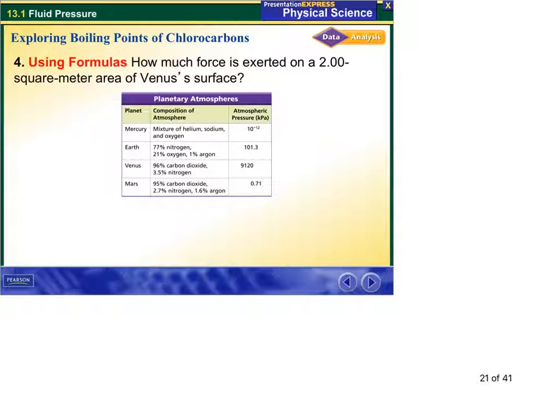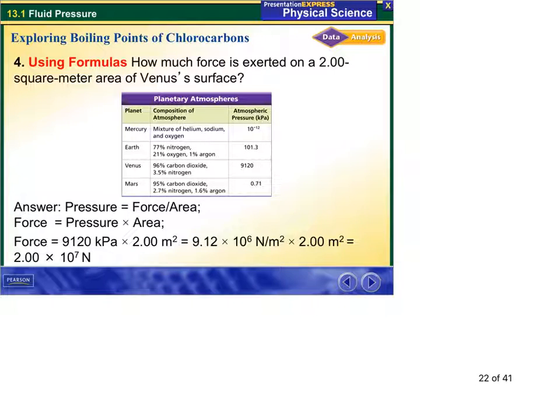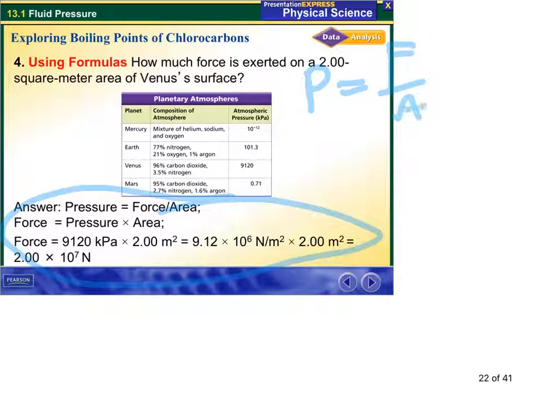And how much force is exerted on a 2 square meter area of Venus's surface? Our formula is pressure, there's what the book did. I'll write it out in a little different fashion. Force divided by area.